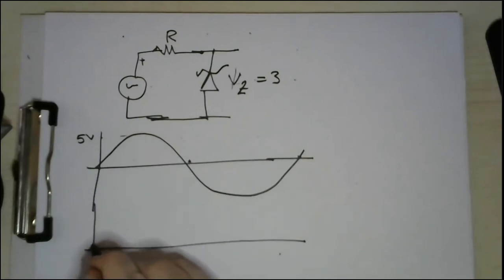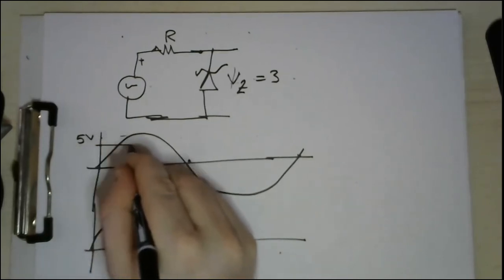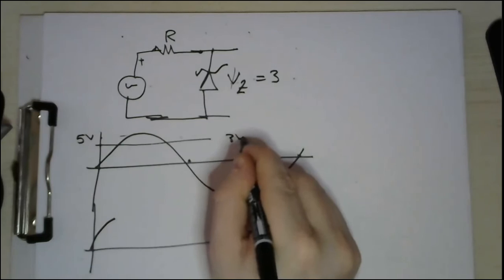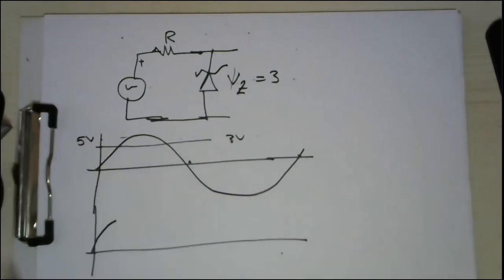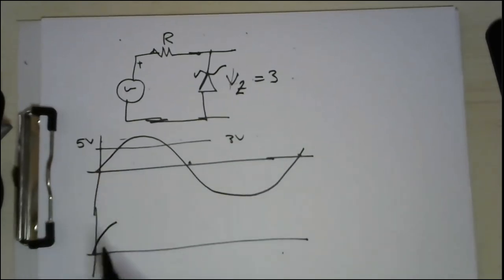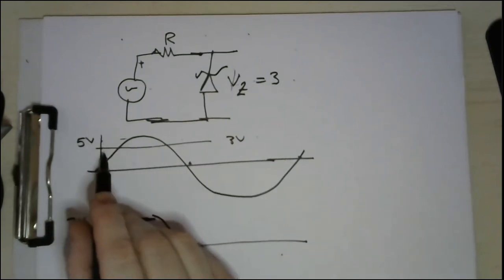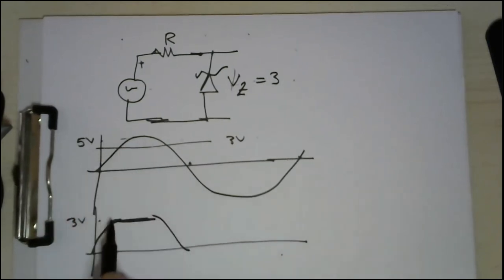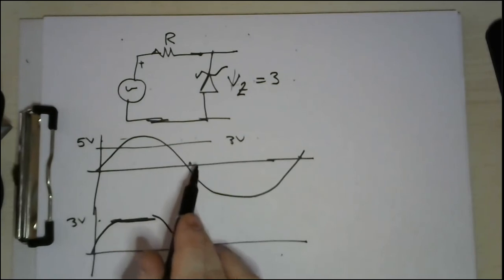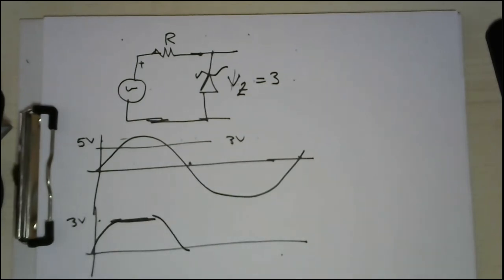It will pass the voltage up to 3 volts. So whenever the input is less than 3, the output is typically the input. And then it would clip the voltage to 3 volts. So once the voltage is greater than 3, the output will be equal to 3. And then it drops back in this area. This is the behavior in the reverse bias.